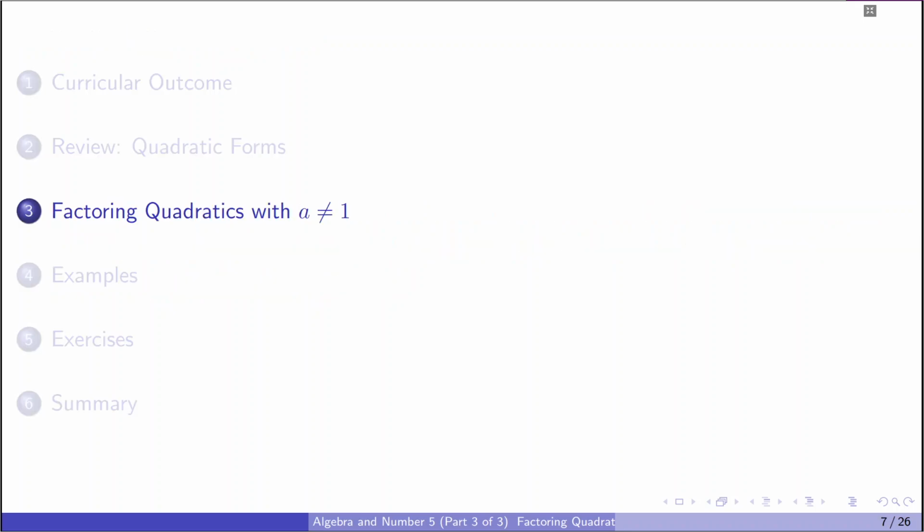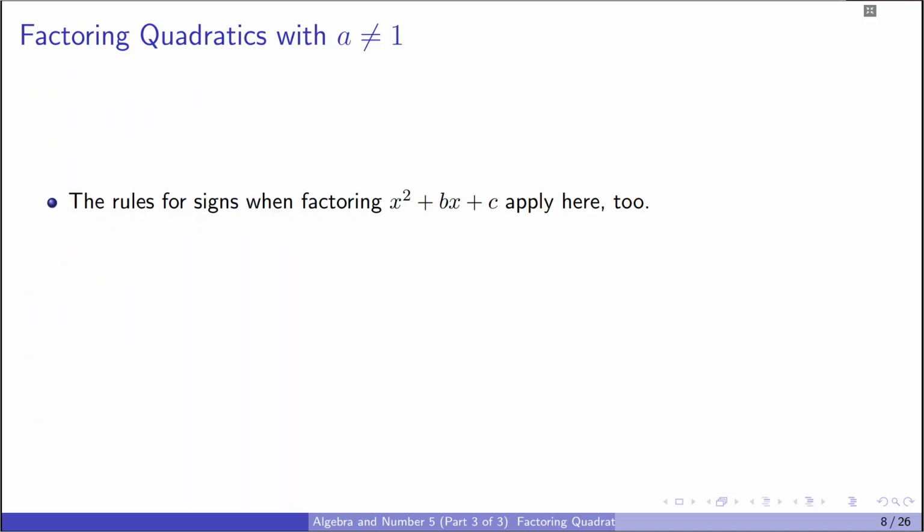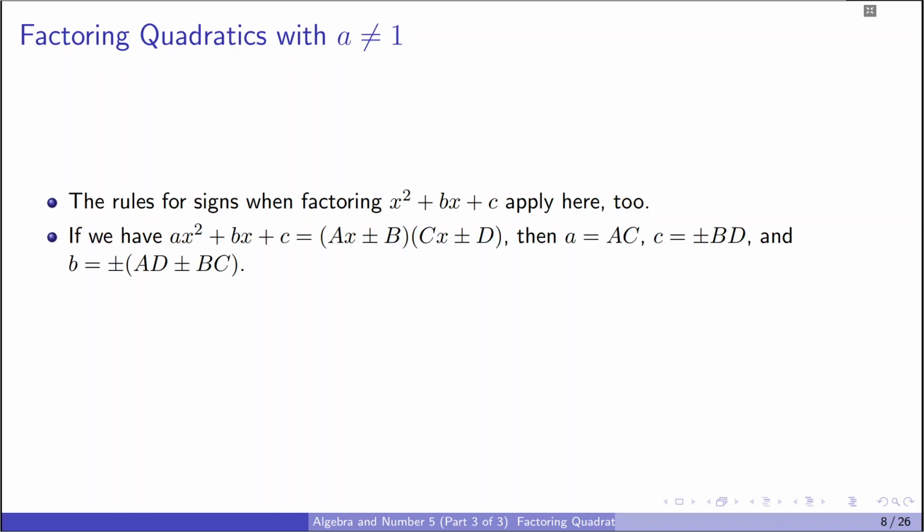So, factoring quadratics where the first term or the leading coefficient is not 1. Well, all those rules we had for signs with the previous case apply here too. So if we have ax squared plus bx plus c, if c is positive, the signs in the factors match. If c is negative, they don't.